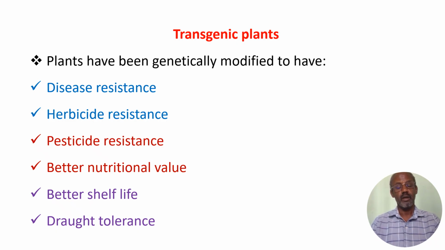Otherwise, if we are transferring genes between two organisms of the same species, that is another version of genetic engineering, which is known as cisgenics. In this case, we are transferring genes from one species into another species, between two different species, that is transgenics. Therefore, the most common type of gene transfer is transgenics, not cisgenics.